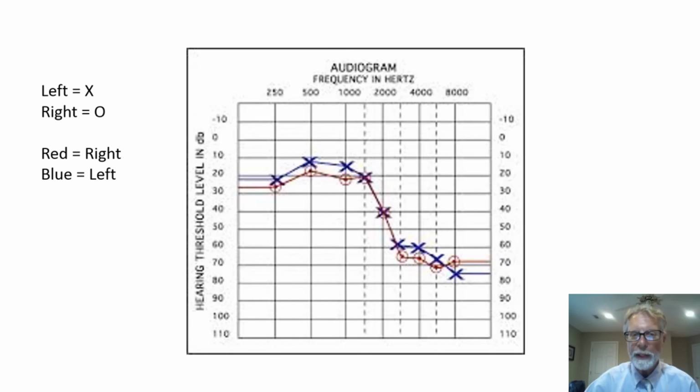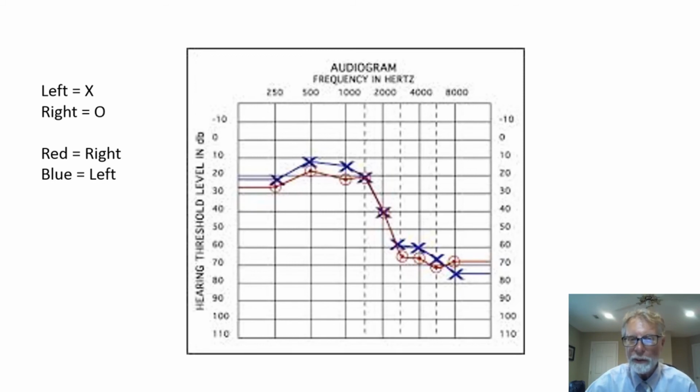So in the left ear, they got maybe, I don't know whether this is 20 or, you see, if it's actually 20, you'd put it right on that intersection of the 20 line and the 250 hertz line. If it's 25, you'd put it in between. All right, so I can't really tell whether it's 20 or 25. Let's say it's 20 and should have been right on that intersection.